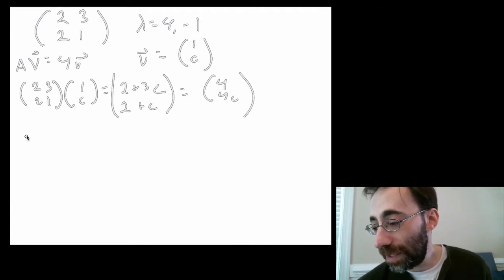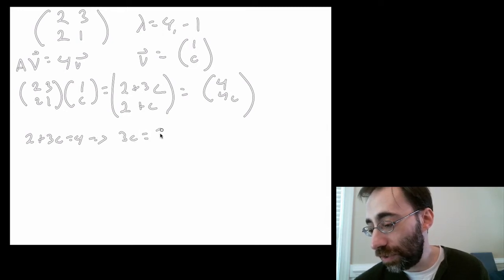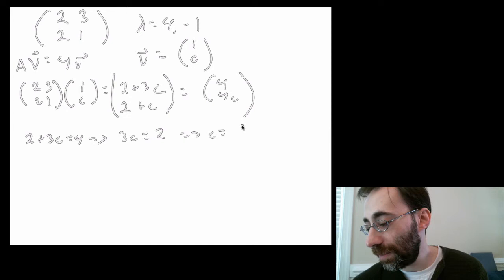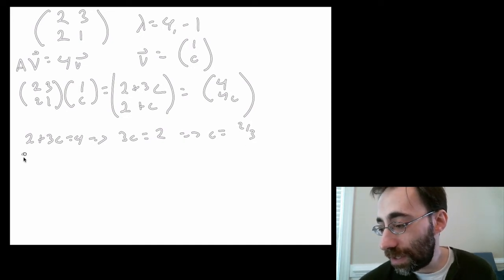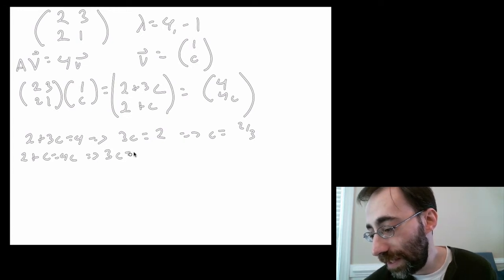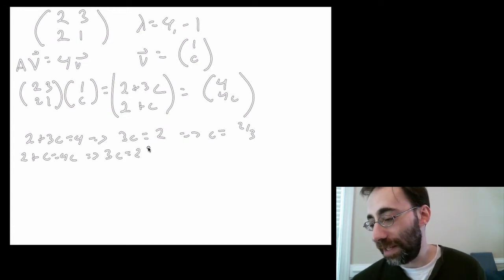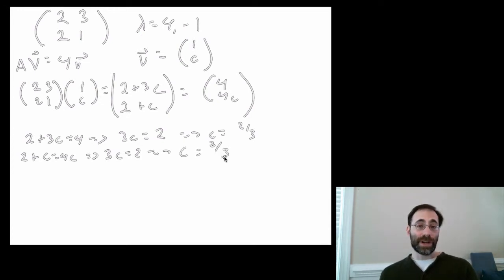Well, the first equation is 2 plus 3c equals 4, or 3c equals 2, or c equals 2/3. The second equation is 2 plus c equals 4c, or 3c equals 2, and again we have c equals 2/3. So we're just verifying here that we in fact only have one unique equation.